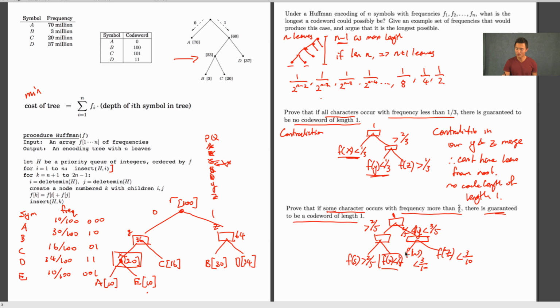That means x must have been merged with one of these, w or z, whichever is smaller, but in this case they're the same. Whichever is smaller, we should have merged with x. So now we have a contradiction as well: an impossible merge between s and x. Therefore, we need to have a length 1 code word.